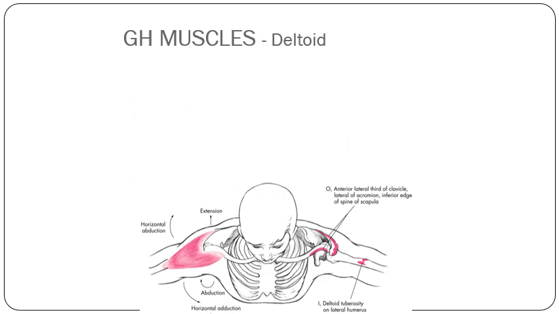So now we get into the muscles, and I might seem to move through some of these quickly, because we're really just looking at the muscles, where they originate, where they insert, and what they do. Throughout this, look at the photos.